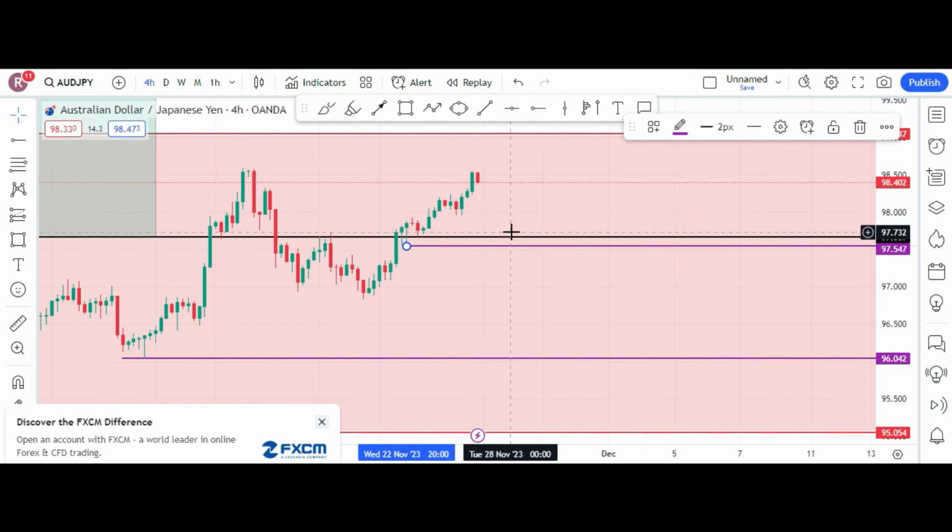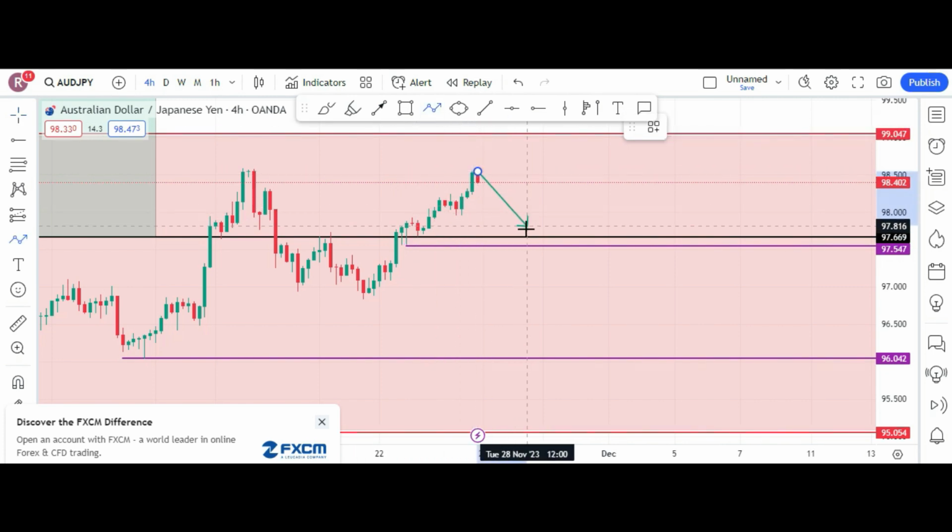So it will come retest, maybe a shadow will be created, then it will start going back and taking all the liquidity from here. So there are 2 options. One, it will come back, retest, move upward.